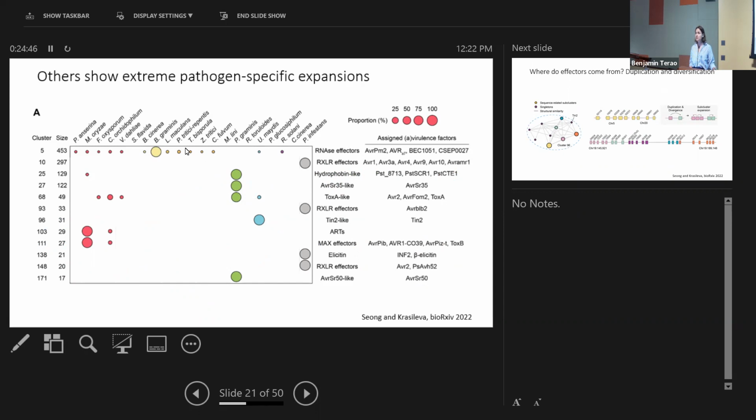And so different pathogens have expanded sets of particular folds. Blumeria graminis is a really nice example. It has about 800 secreted proteins. About 400 of these have the same RNase-like fold. And so on, and different pathogens utilize that too.